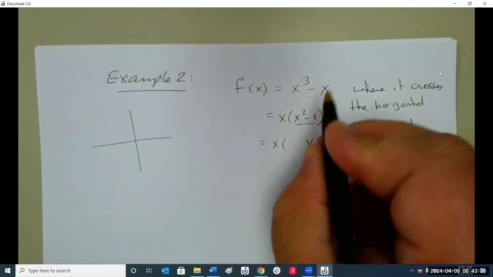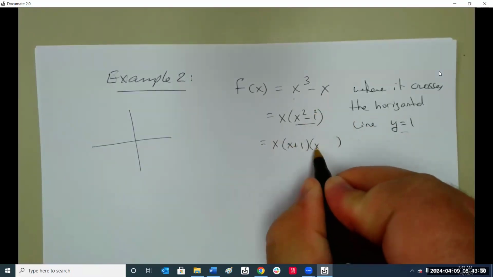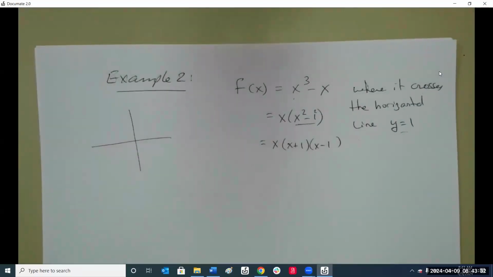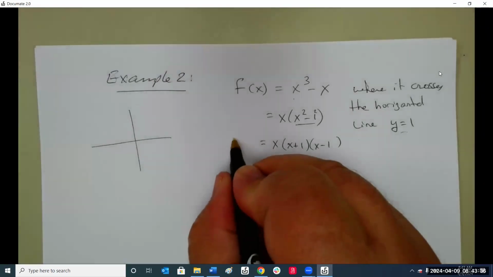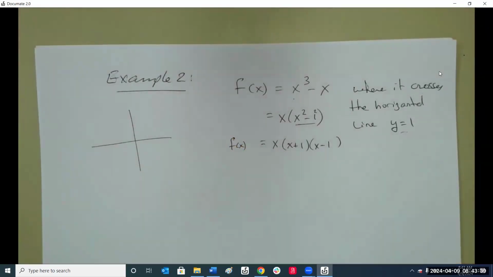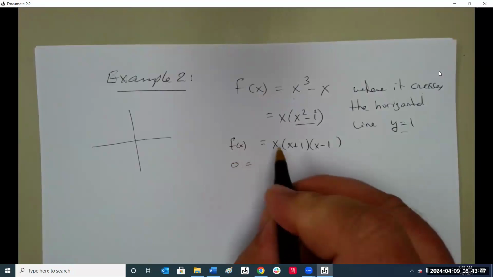It's the difference of two squares. So it's x plus 1, x minus 1. Let's see, set it equal to 0.